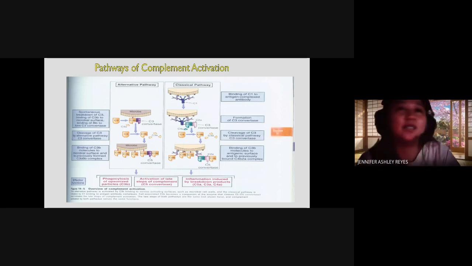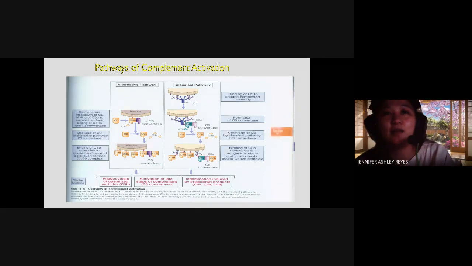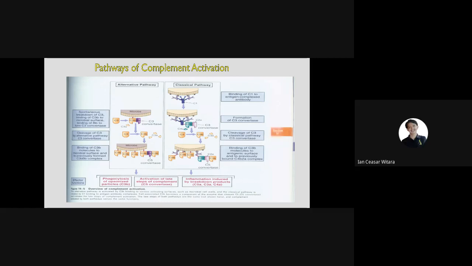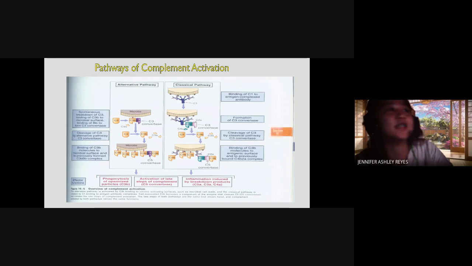So, ano nga yung C3 convertase ng classical pathway? C4b2a po. Okay. So, C3 convertase ng classical pathway si C4b2a. Pero pag tinanong, ano yung C3 convertase ng alternative pathway? C3b, Bb.